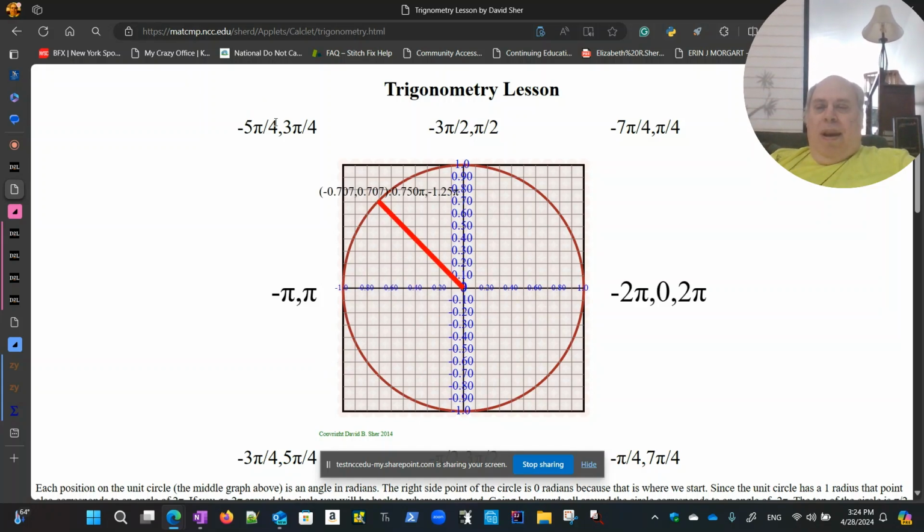This is minus 5/4 of a pi, minus 3/2 of a pi in lowest terms, but it's really 6/4. So this is 7/4, and this is 8/4, but in lowest terms, it's minus 2 pi. So if you go clockwise, you're getting negative angles.